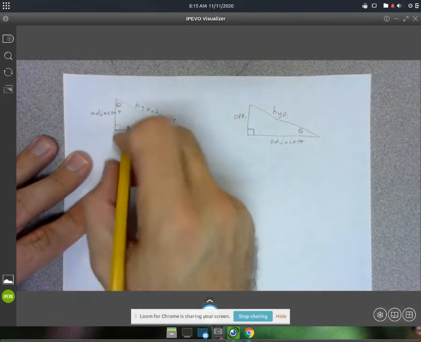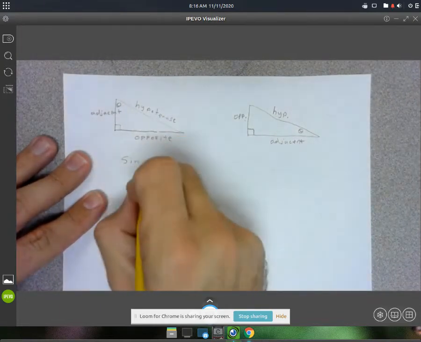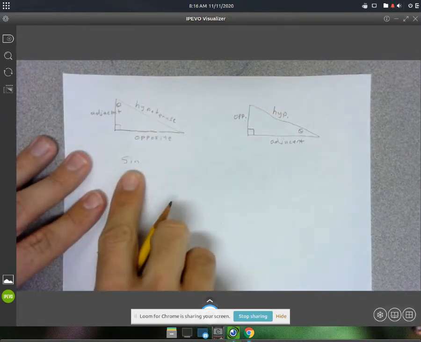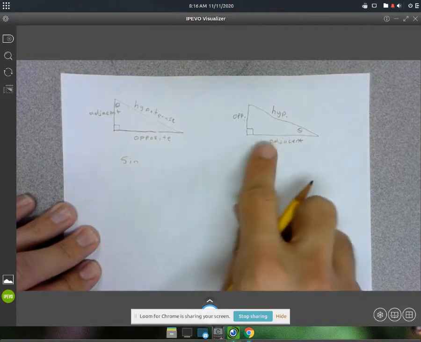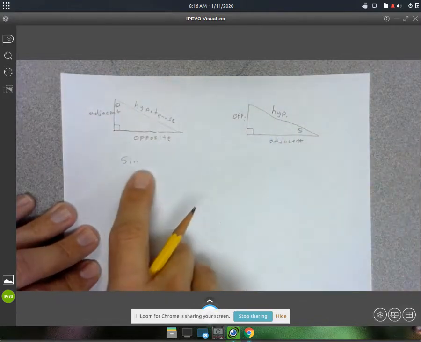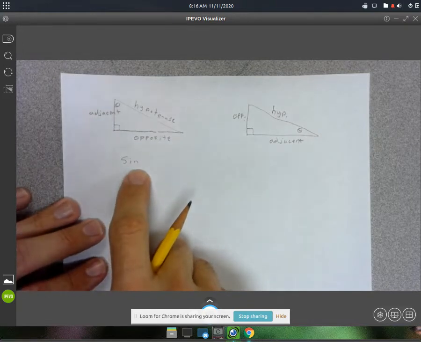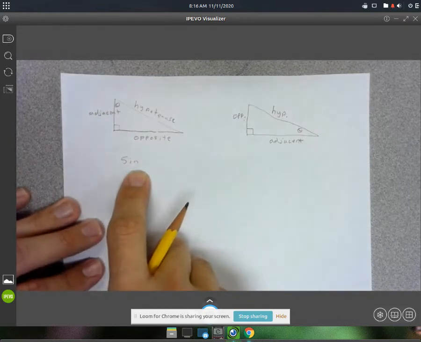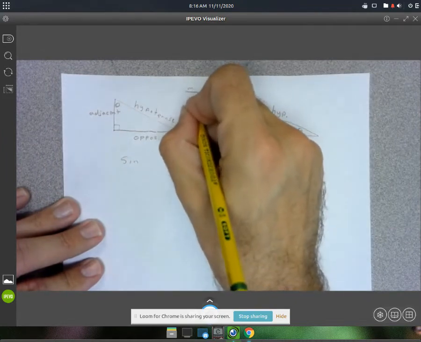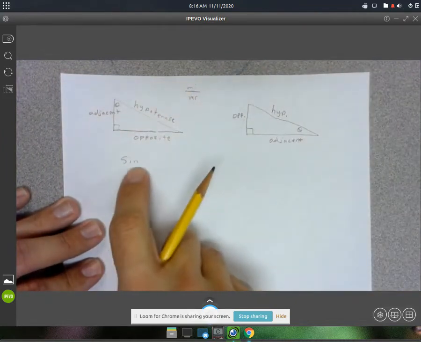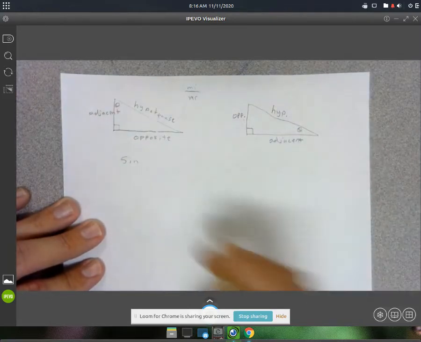The trig functions, sine, cosine, and tangent, are going to give you a ratio of one side of a triangle to the other side. A ratio could be your miles per hour, miles over hours. Ratios are just fractions. So sine is going to give you a fraction for one of these sides over the other.